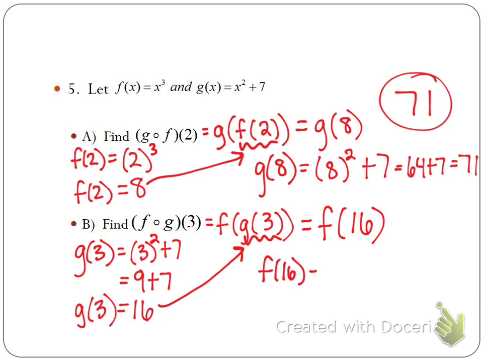So f of 16 is equal to 16 cubed. It's a big number. What do we get when we take 16 cubed? 4,096. Okay, 4,096. We all in agreement on that? Yep. And that would be our answer. There's nothing else to do. We already evaluated f of g of 3.